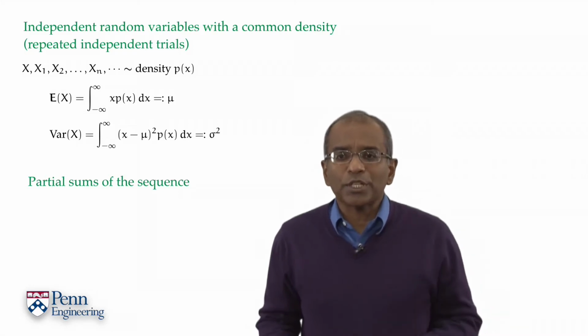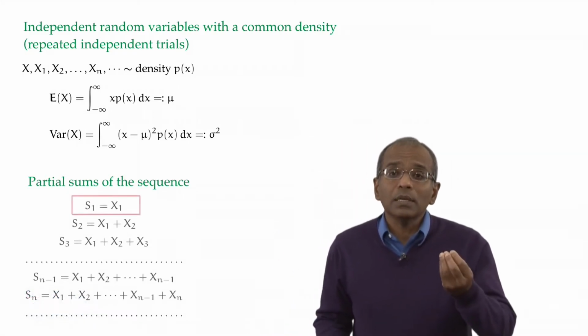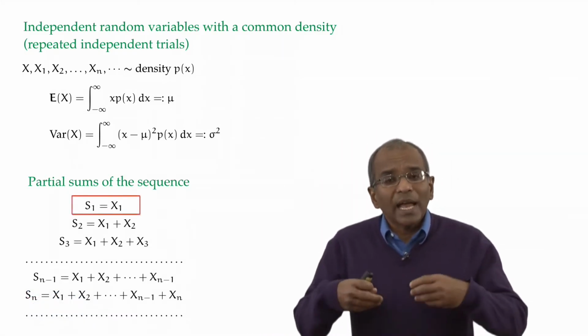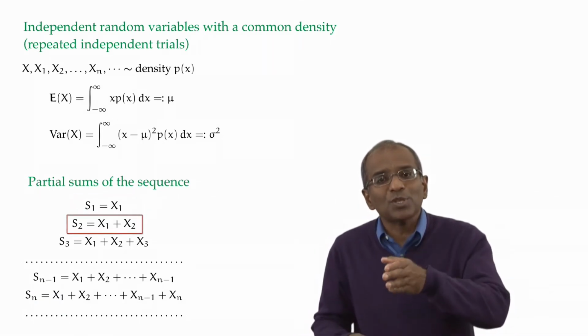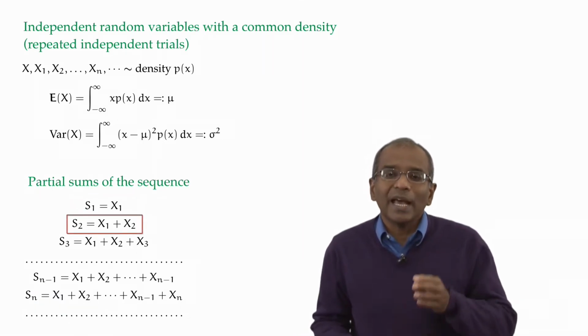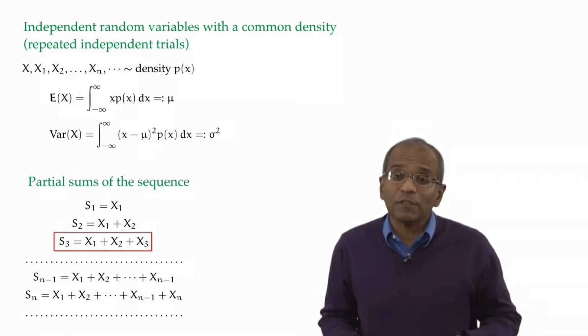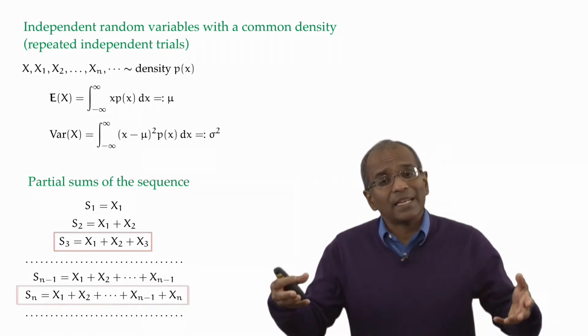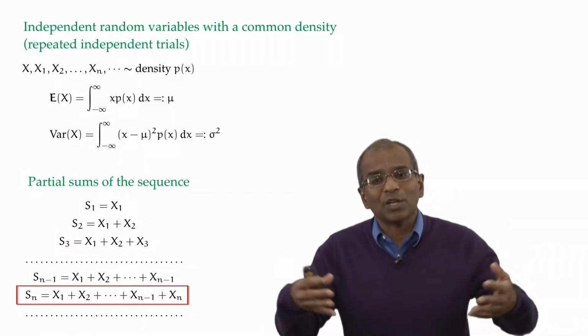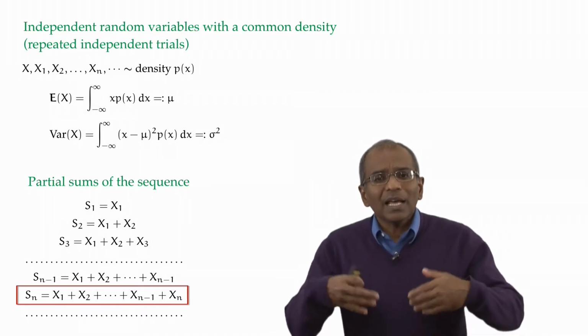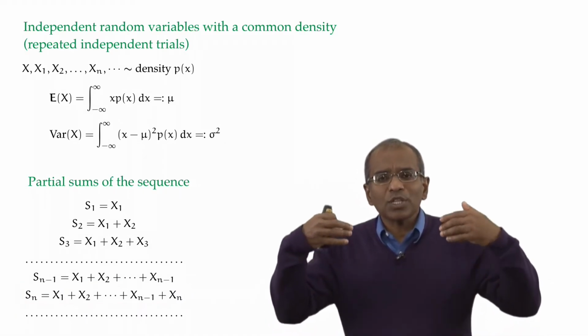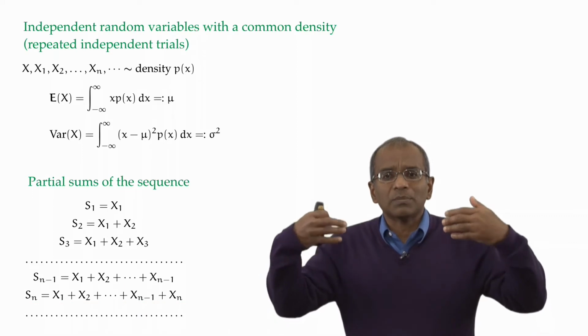In our usual notation, let S1 be just X1, S2 is the sum of the first two coordinate variables, S3 is the sum of the first three, and Sn is the sum of the first n coordinate variables.